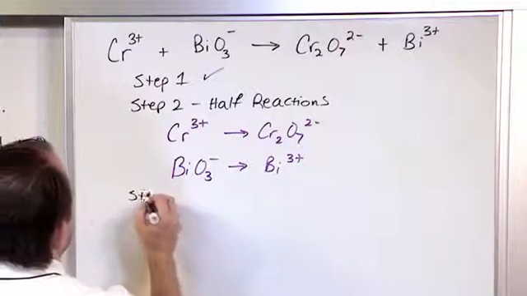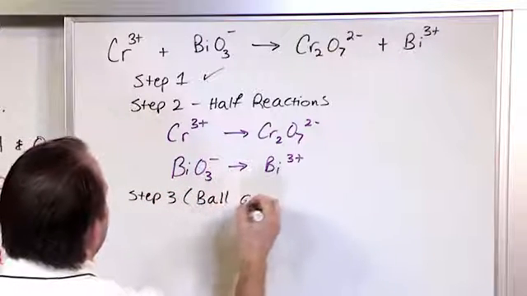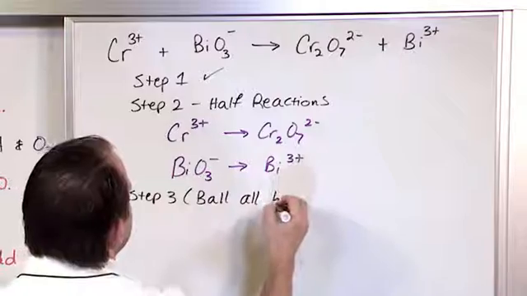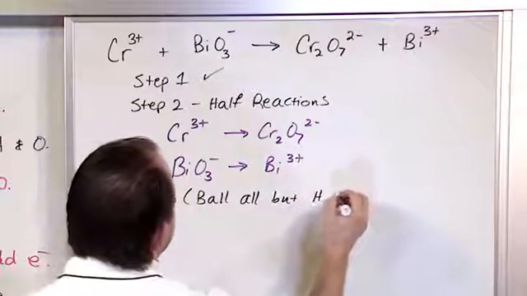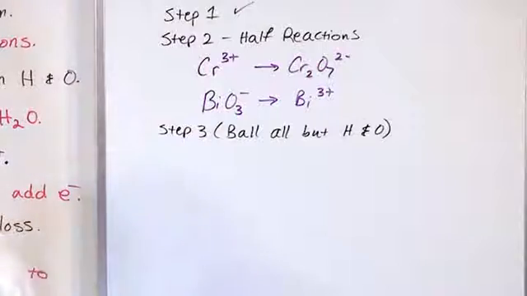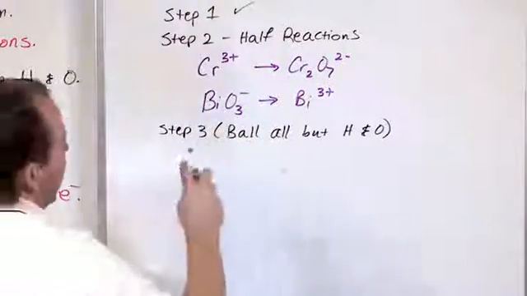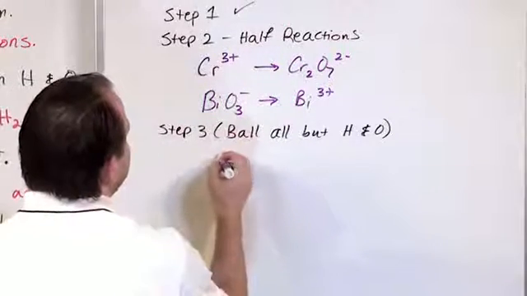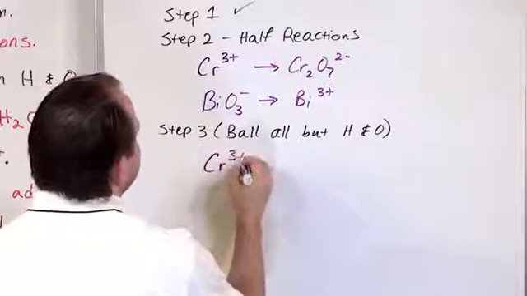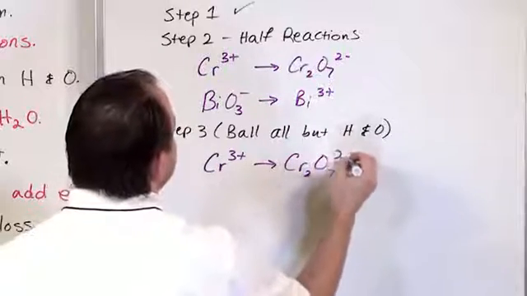Step 3. Now we're going to balance all but hydrogen and oxygen. So we always balance everything except for the hydrogen and oxygen. That means the bismuth and the chromium, we're going to go ahead and balance. We can see we have Cr3+ goes to Cr2O7 2-.